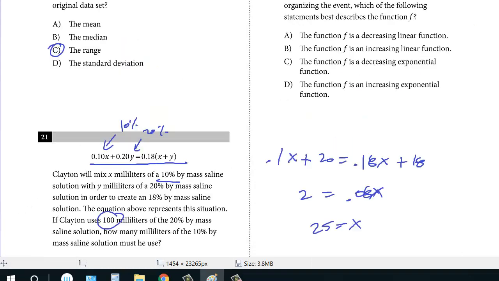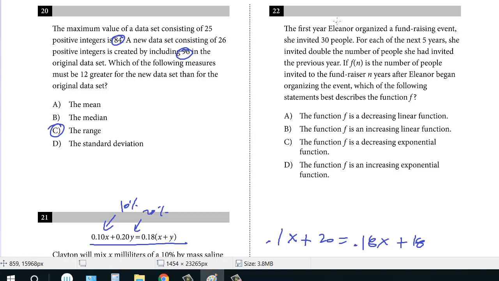And let's go up to 22. The first year, Eleanor organized a fundraising event. She invited 30 people. For each of the next 5 years, she invited double the number of people she invited the previous year. If F of n is the number of people invited to the fundraiser n years after Eleanor began organizing the event, which of the following statements best describes the function F? And so this is a common question. We just have to identify if it's increasing or decreasing. Is it linear or exponential?